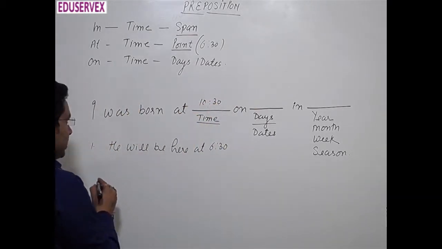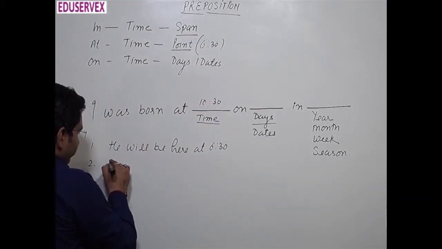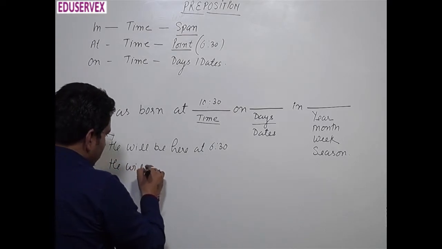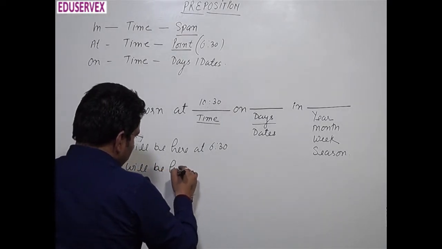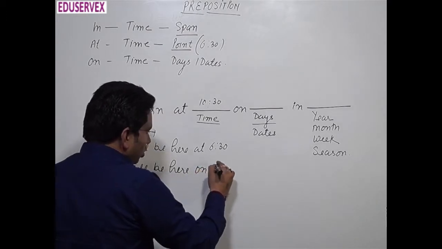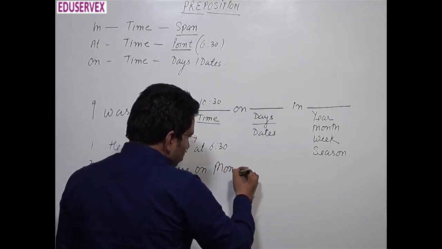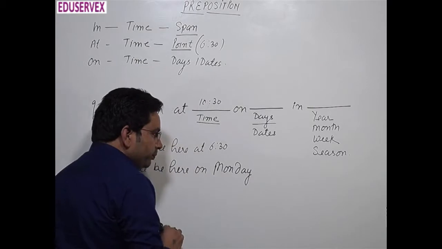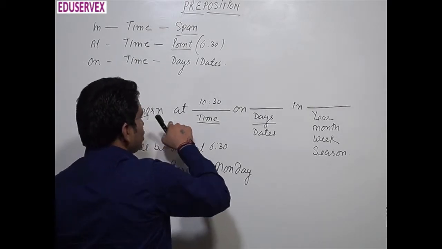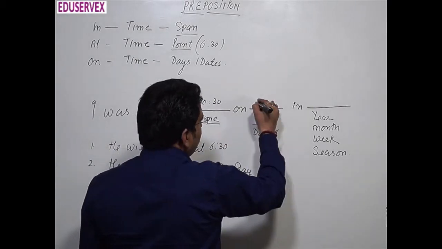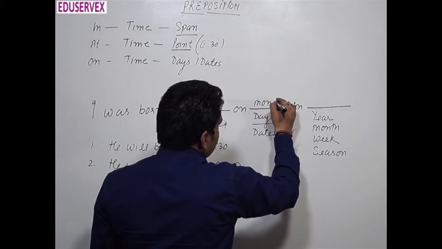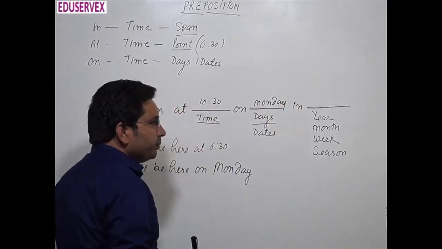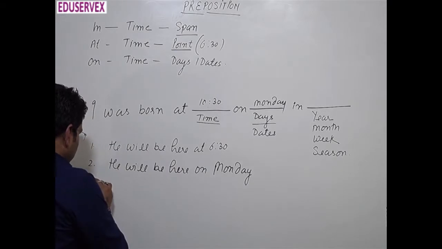Next, second example, he will be here on Monday. So I can say he was born at 10:30 on Monday. That's okay.